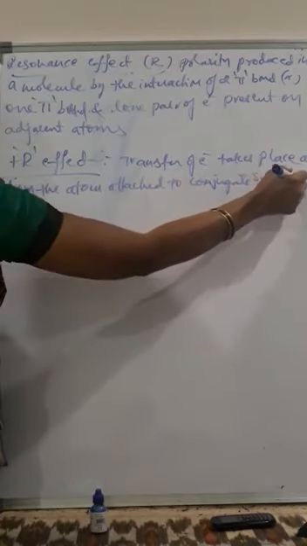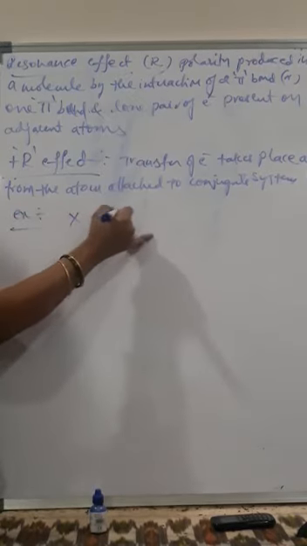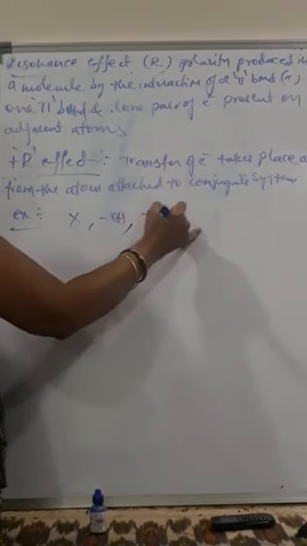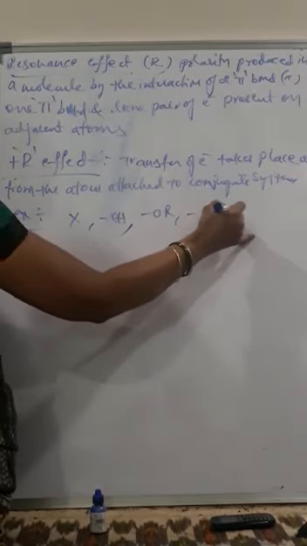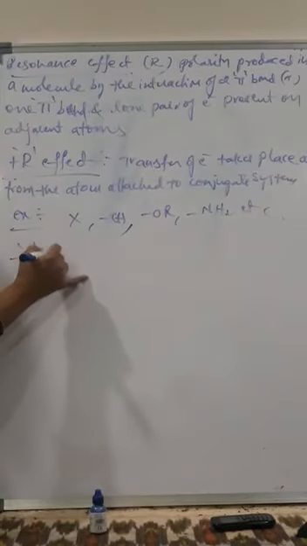That's why electron density throughout the chain increases, same as the mesomeric effect. Examples are halogens, OH group, OR group, NH2 group, etc.